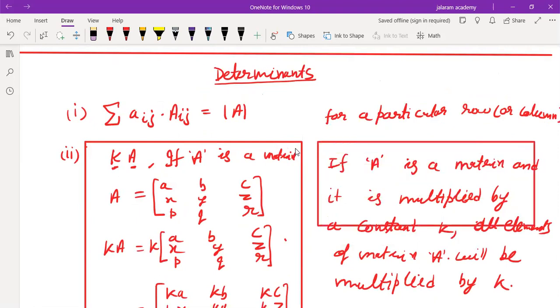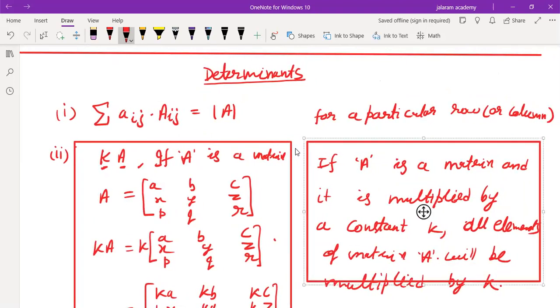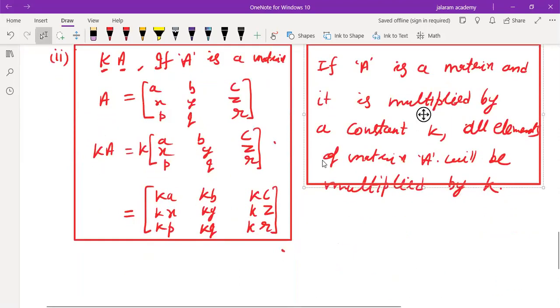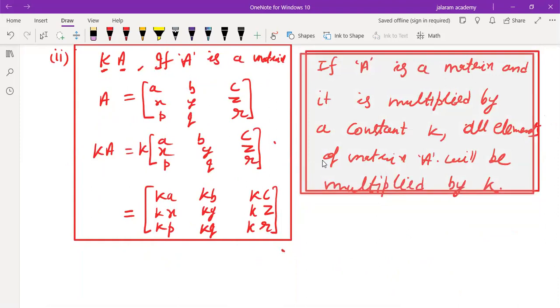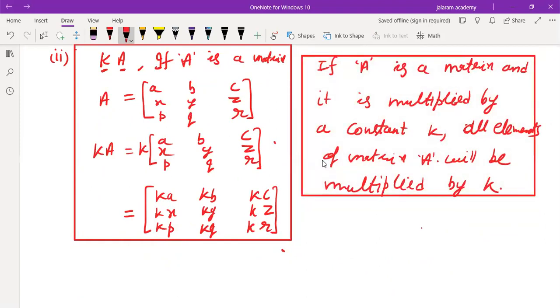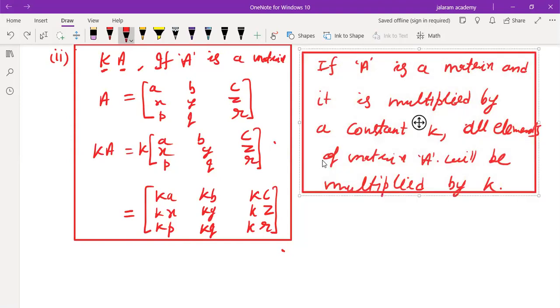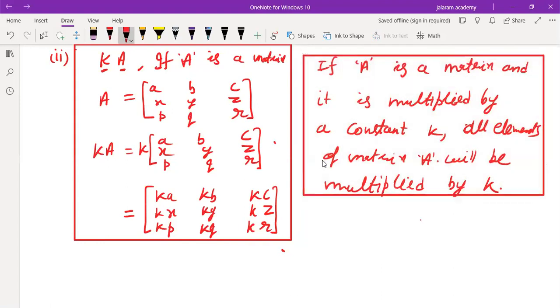But remember, in case of determinants, if you multiply a determinant with a constant, it will be multiplied to a single row or to a single column. This is given only for reference.